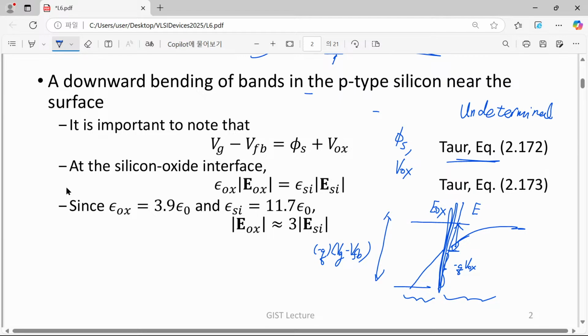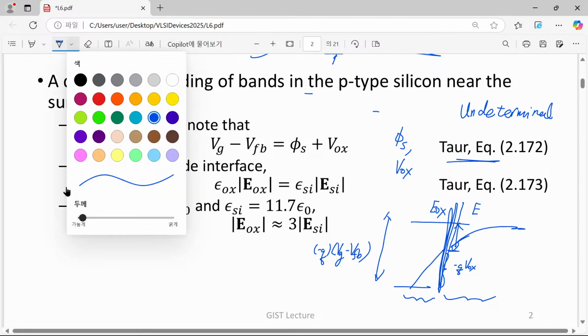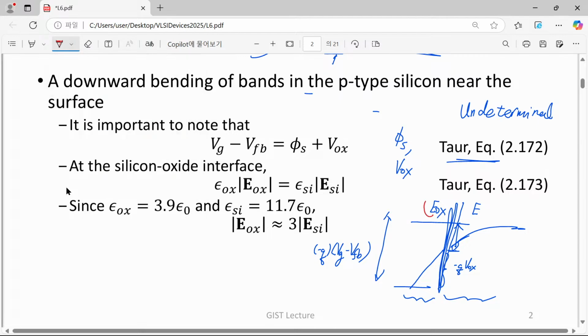Let me give you the difference between these two quantities. The oxide field is just constant all over our entire oxide region. Let's say it is 1 megavolt per centimeter. Let's assume this is quite a typical value.